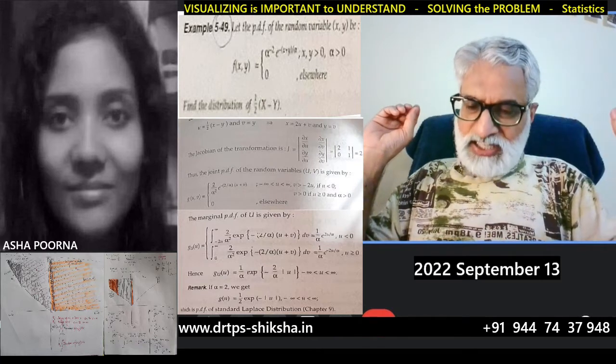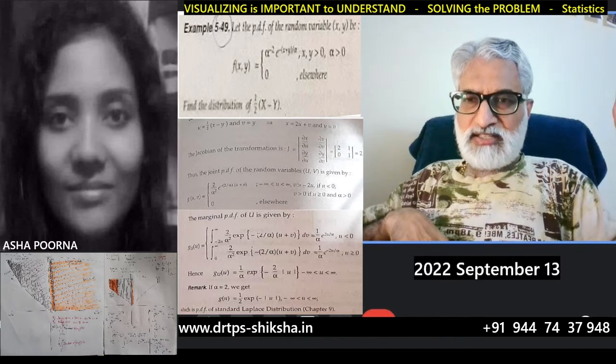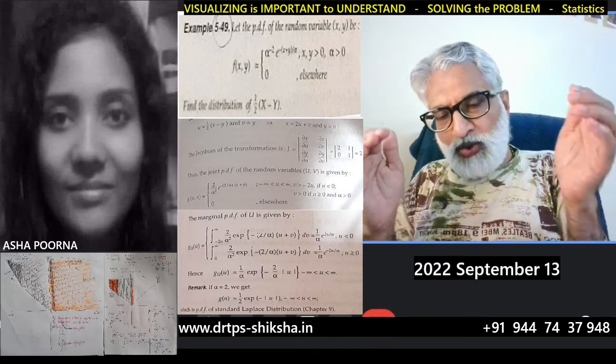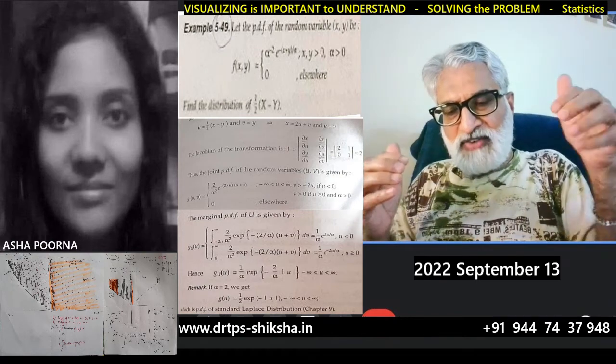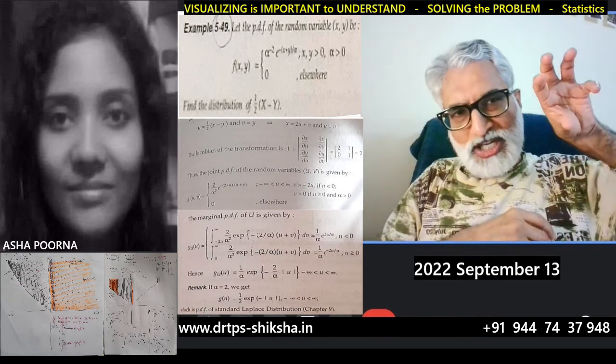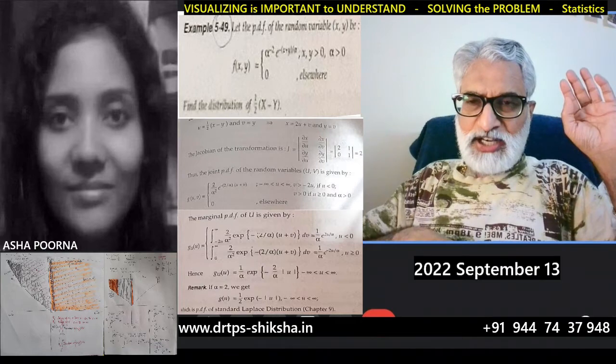In the same way, for the transformed function also, what are you doing? You are considering everywhere else it is 0, only when u is less than 0, it has to be taken here. V is greater than 0, it has to be taken here. Some conditions are applied so that you get it into whatever domain you want. How do you derive that condition?